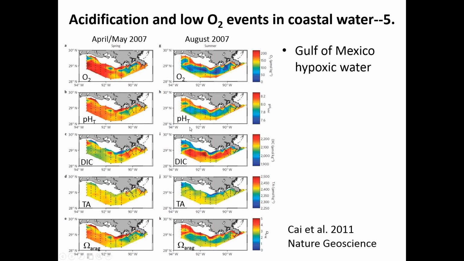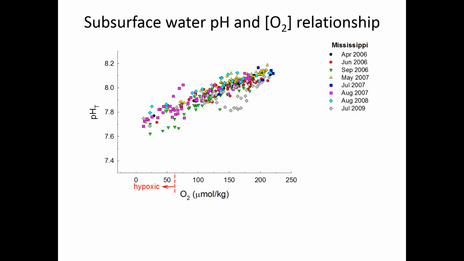So anyway, we build a close link of this pH decrease to this oxygen consumption and CO2 release process, this respiration of organic matter. So I plotted pH to the oxygen consumption here, and this is data from Gulf of Mexico of several cruises since 2006.